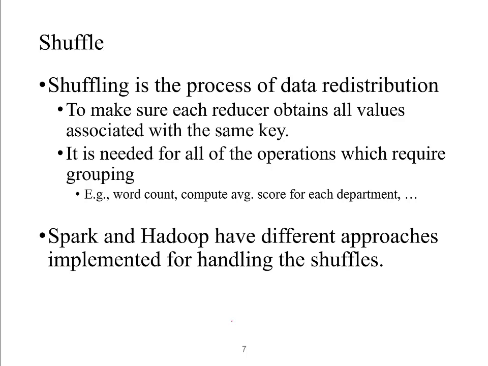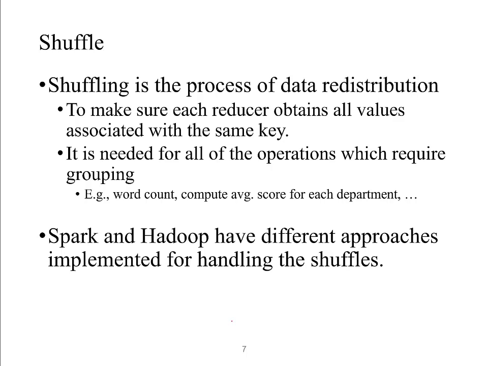which we have been talking about just before, right? So it is needed for all of the operations which require a grouping. By grouping, we mean you group the records or the elements based on the key value, right?